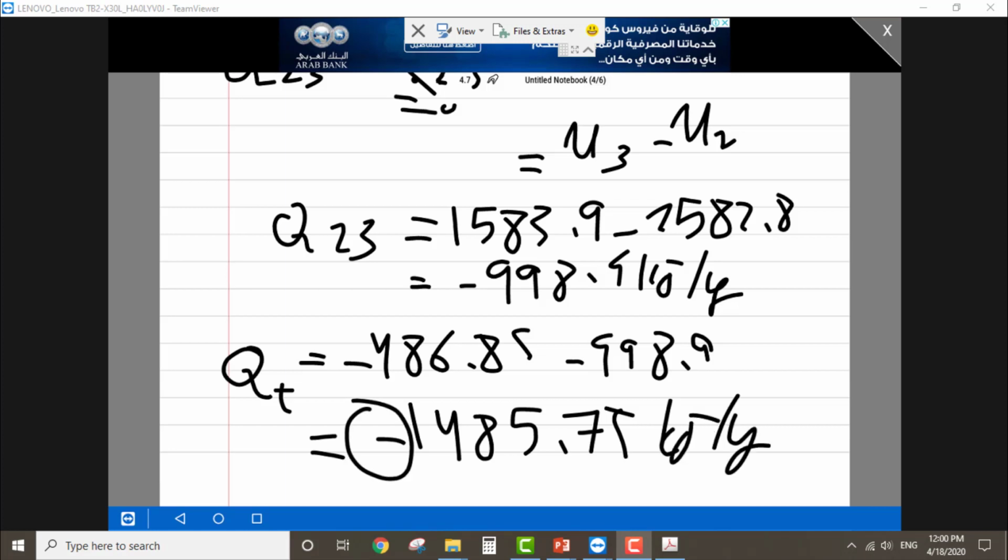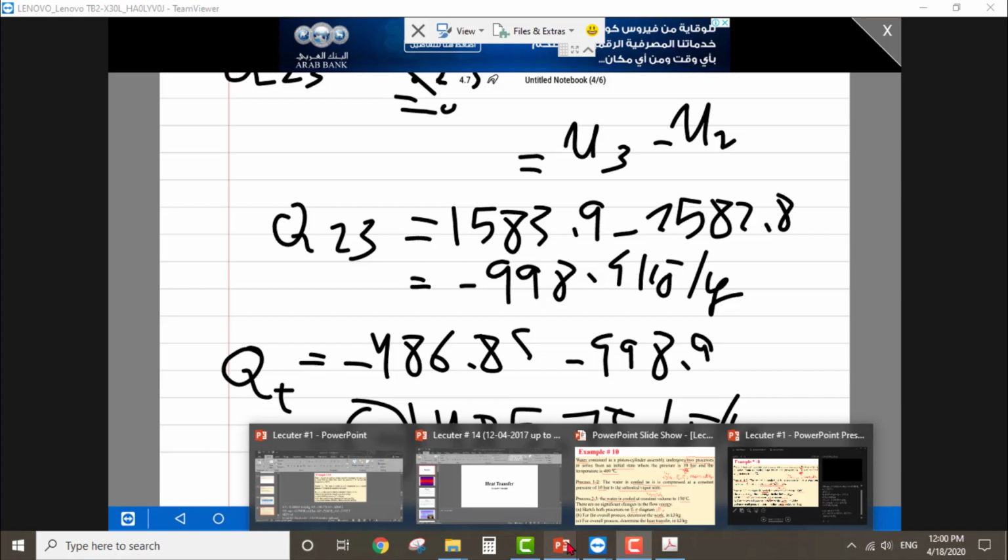The minus sign means Q is lost to the surroundings. Okay, so that's all for this problem.